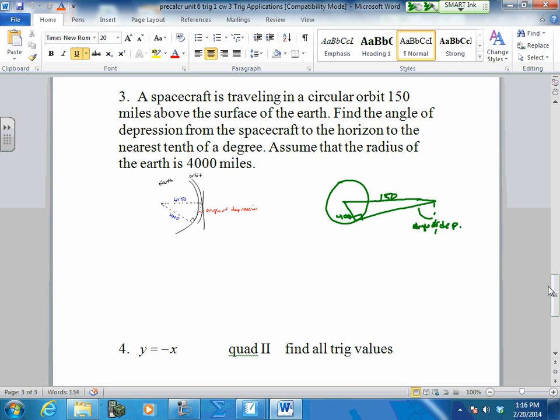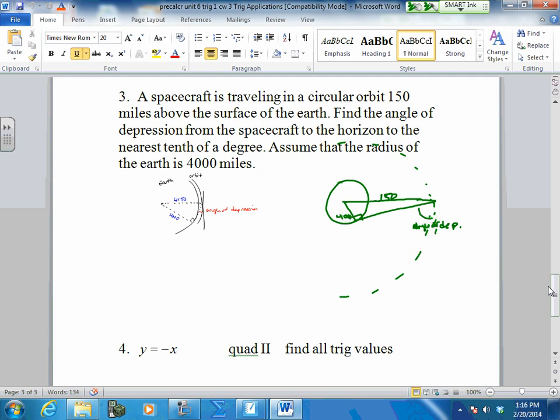A spacecraft is traveling on a circular orbit. Here's your circular orbit. I extended the 150 so that you could see it, but actually it's very small. It should really look like the original one I drew. It's circling 150 feet above the Earth's surface.